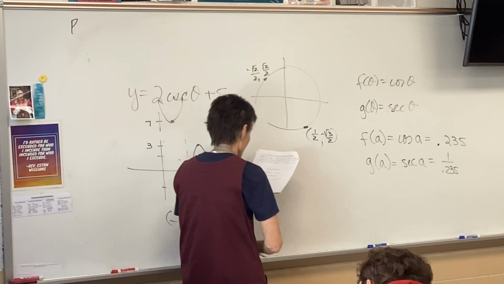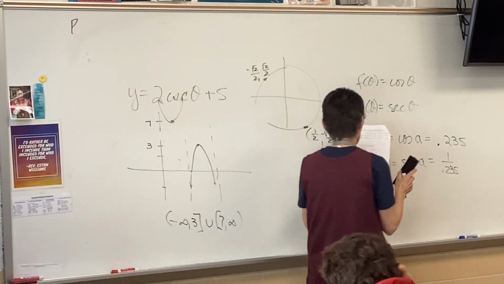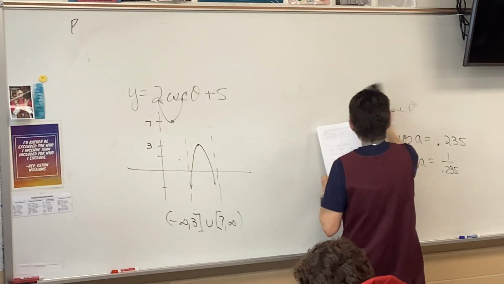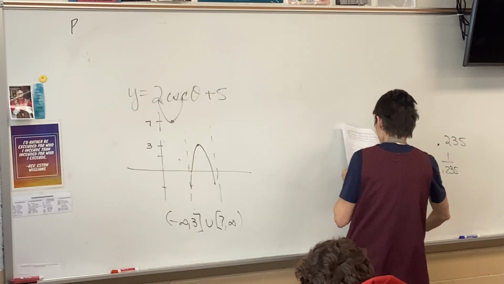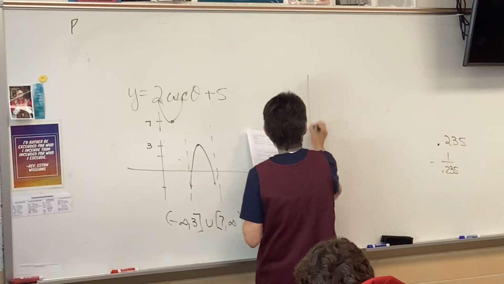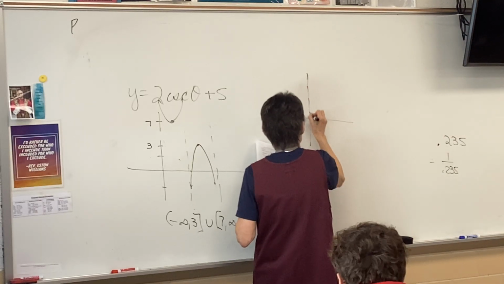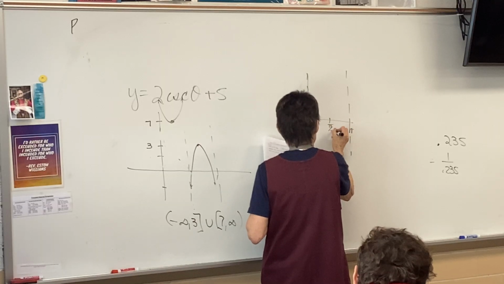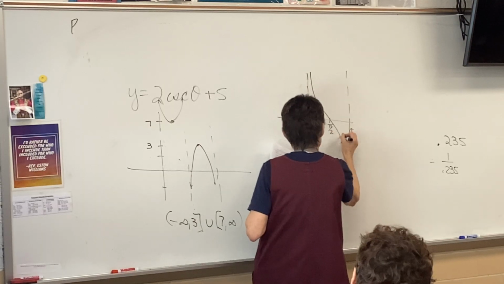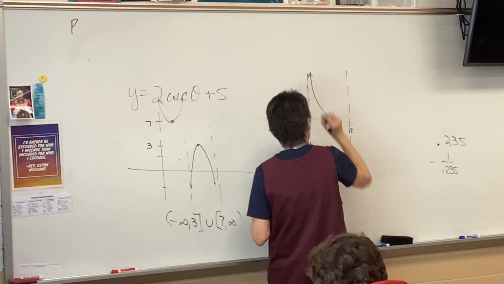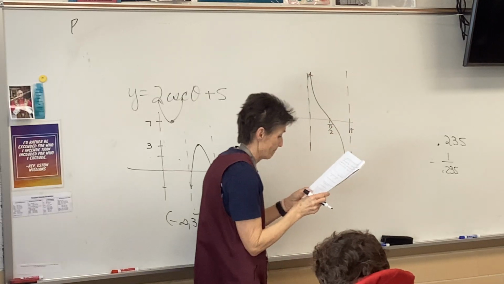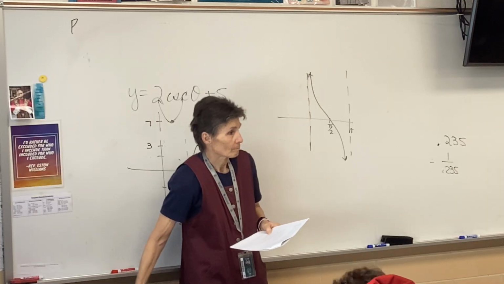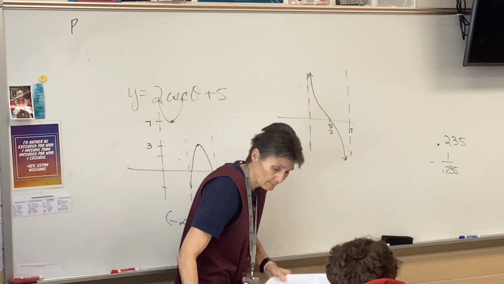Which of the following is equivalent to the cotangent? So in other words, which of those, if you graphed it, would look like a cotangent? Will A look like that? No, why not, Charlie?